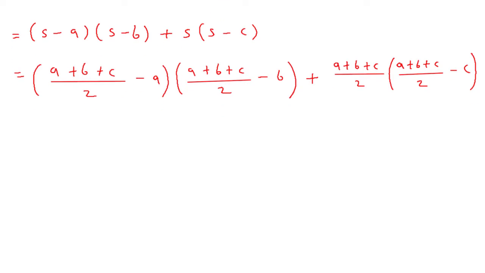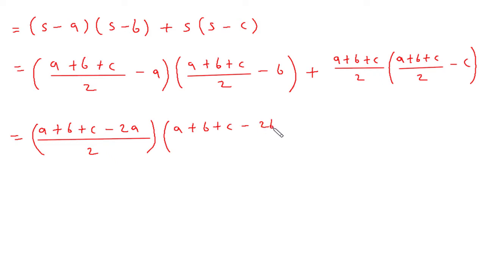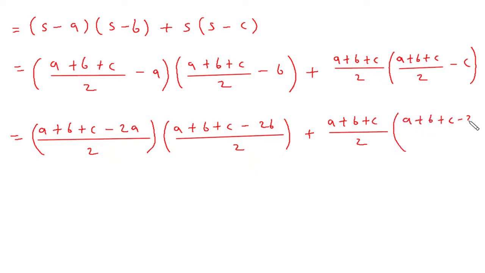Now we will simplify this. So this will be (a plus b plus c minus 2a) by 2, and this will be (a plus b plus c minus 2b) by 2, then plus this will be (a plus b plus c) by 2 into (a plus b plus c minus 2c) by 2.